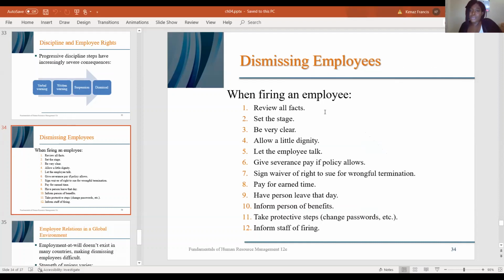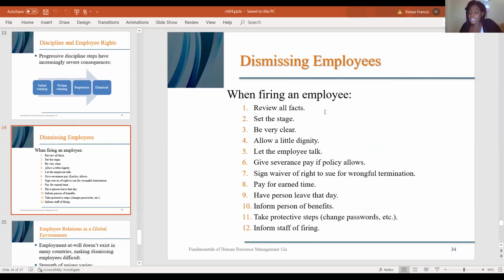Dismissing employees. When firing employees, you need to review all the facts. Set the stage, be very, very clear, allow a little dignity. You don't want to humiliate the person. Let the employee talk because you need to hear what they have to say. Give severance pay if the policy allows for that. Sign a waiver of rights to sue for wrongful termination.